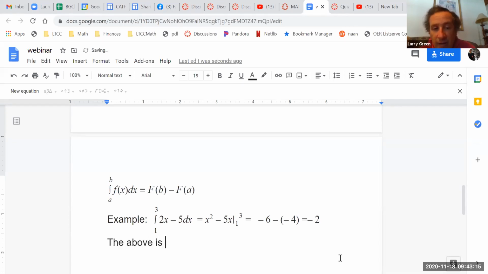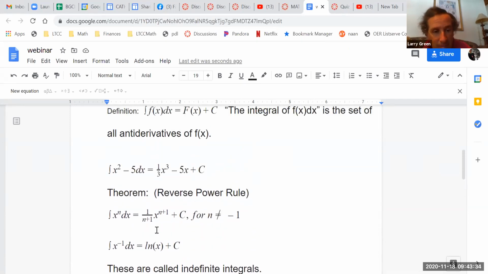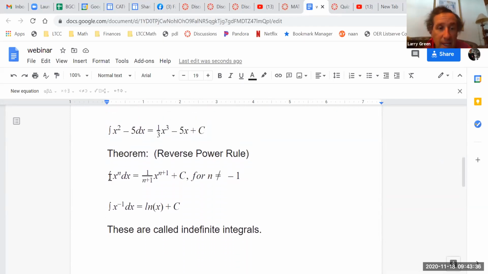So the above is called a definite integral. A definite integral means you have a number on the bottom, a number on the top, and you do F of b minus F of a. An indefinite integral means that you don't have any numbers to plug in, and you just do your antiderivative and you put the plus c.